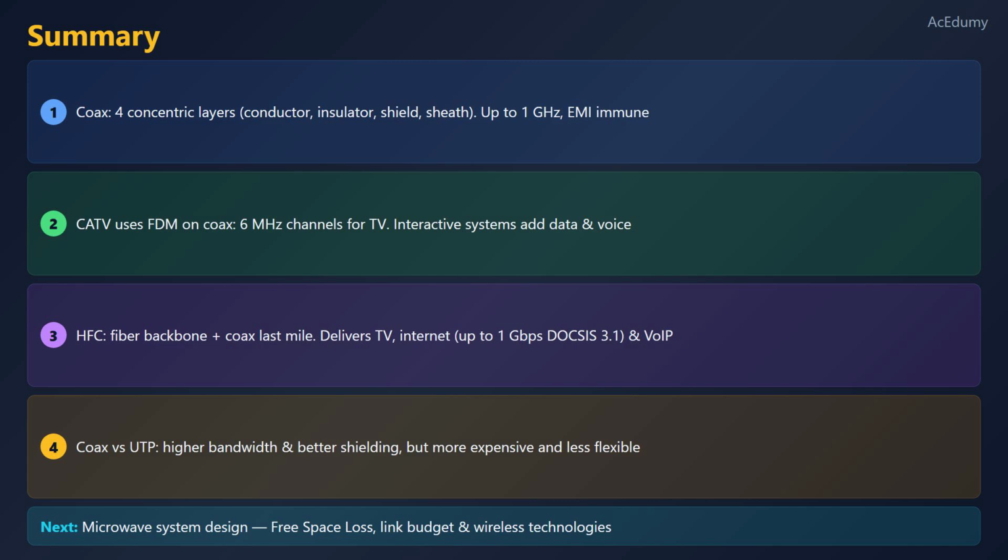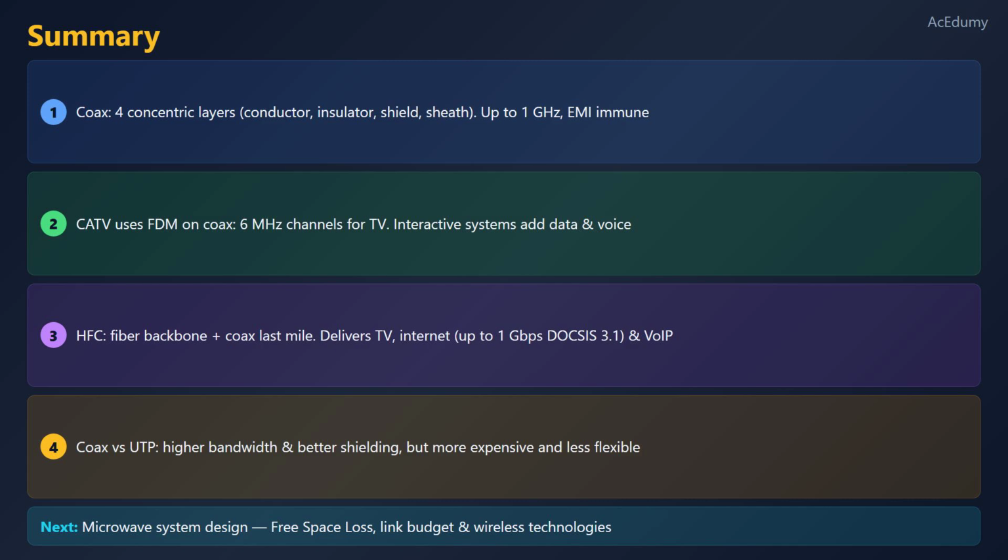Let us review. Coaxial cable has four layers: center conductor, insulator, shield, and sheath. It supports frequencies up to 1 GHz and is largely immune to EMI. CATV uses coax with FDM, dividing the band into 6 MHz TV channels. HFC, hybrid fiber coax, combines fiber backbone with coax last mile, delivering TV, internet, and voice over one network.